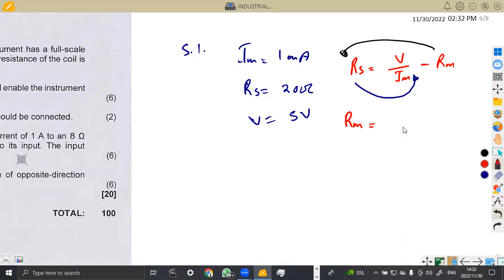So this is going to be V over IM minus RS. It's just a matter of substituting into the formula the V, which is 5, over IM, that's 1 milliamp. IM here is 1 milli, and we know that milli is times 10 to the power of minus 3. Minus RS, which is 20. So we can have our RM.